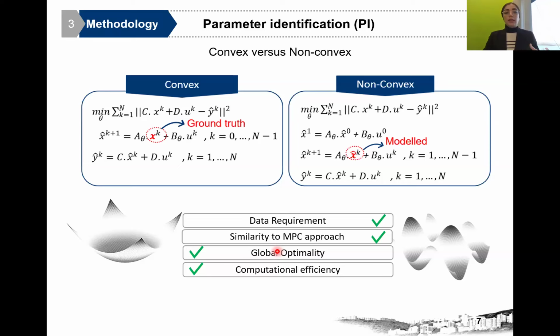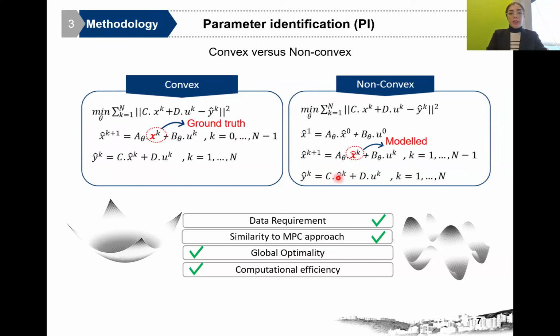But the difference is in the constraints. In the convex model, the temperature or the state variable is updated at each time step using the ground truth data at the previous time step, while in the non-convex model, the state variable at each time step is updated using the modeled temperature at the previous time step.